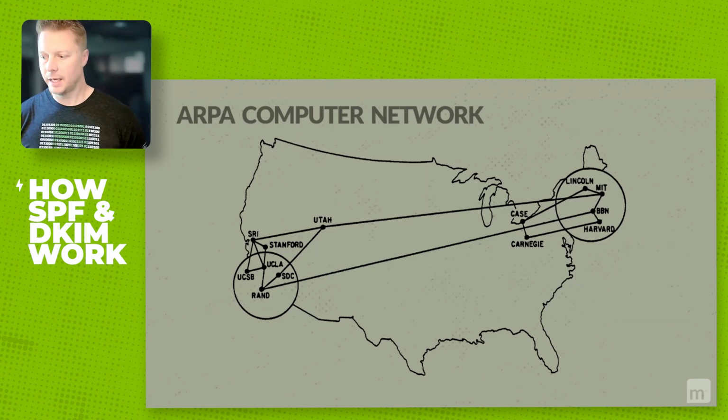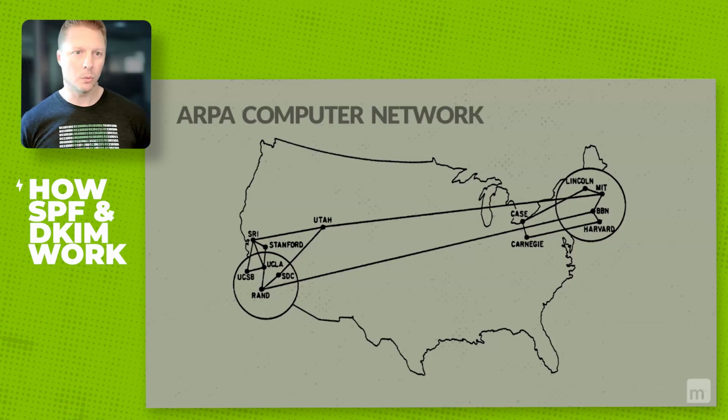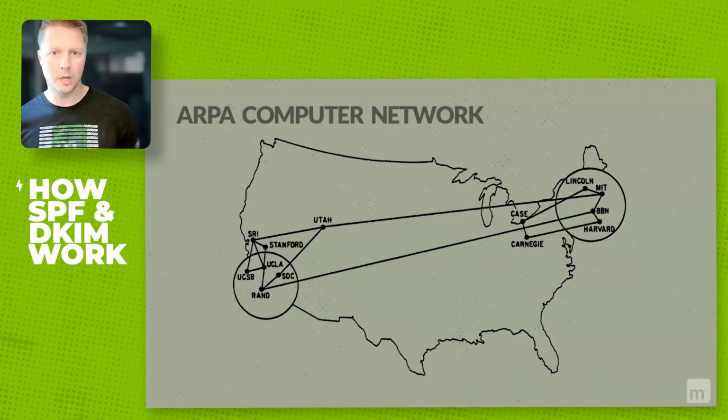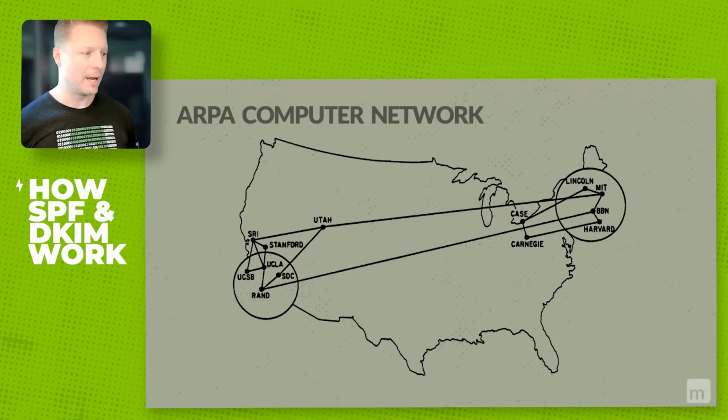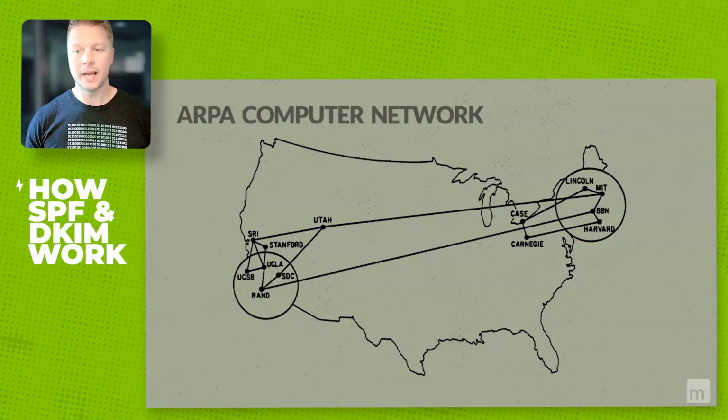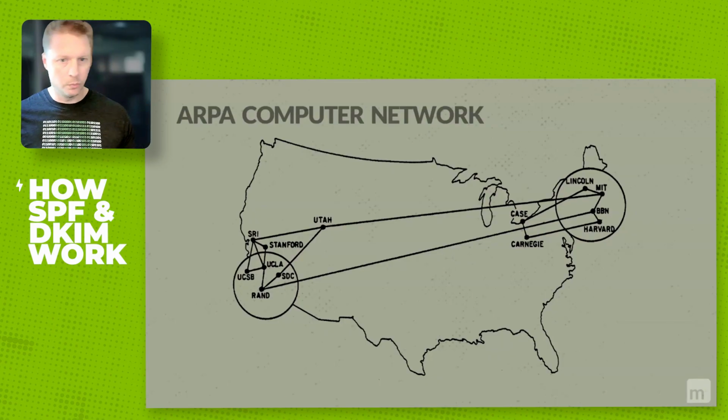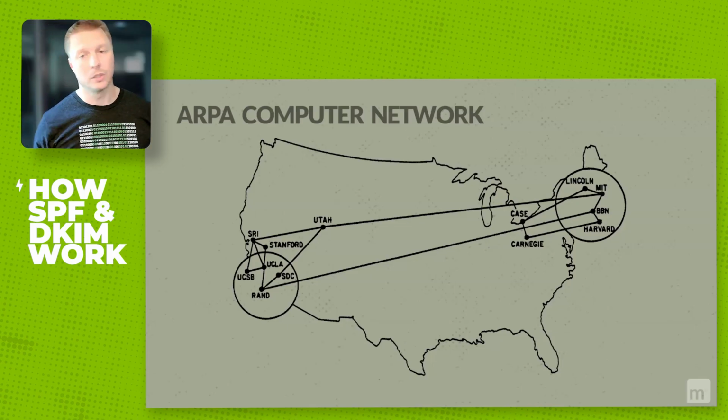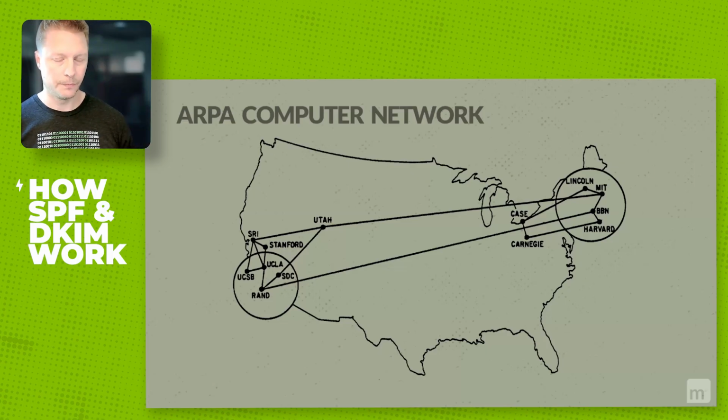So as far as authenticating people or who you're going to communicate with, the network itself being closed is what authenticated somebody. So if I wanted to communicate with Scott or with Amy, and I sent them an email or vice versa, I knew that they were real people on this closed network. So mail itself was open, but the network itself was closed.